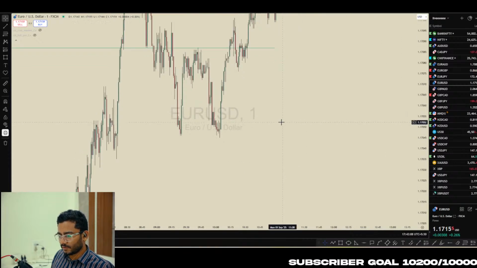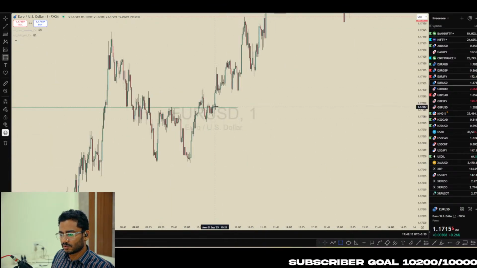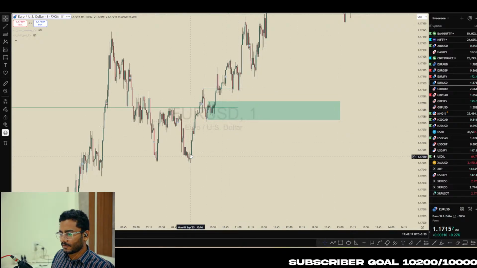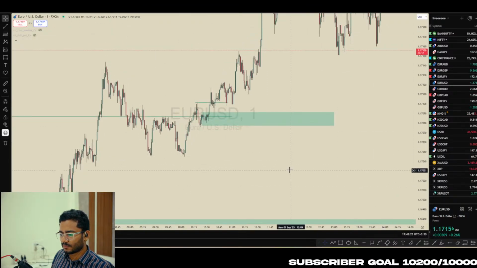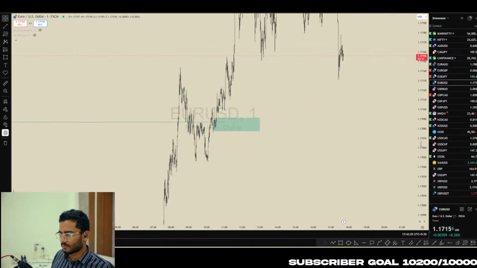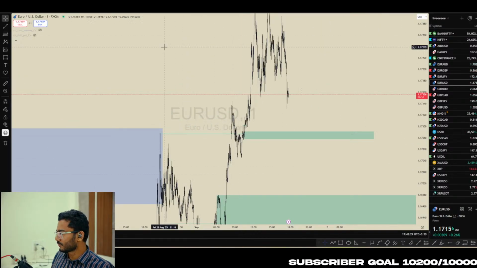Let's try to find order blocks which are unmitigated. So there is this zone. Before breaking this structure, it created this imbalance. And it's aligning with our high.